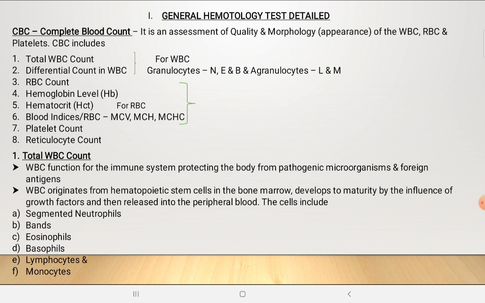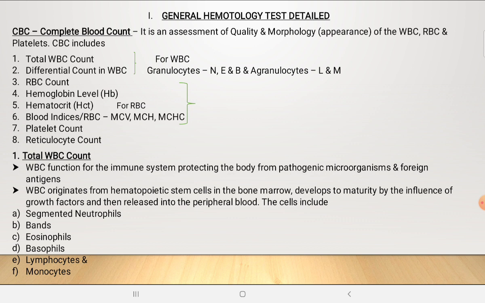So, in CBC, for WBC, the different tests that are done are the total WBC count, that is, in a unit area, the number of WBCs that should be present, and the differential count in WBC. That is, WBCs have granulocytes and agranulocytes.